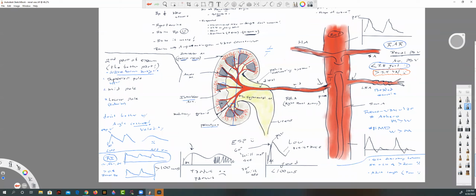Is there hydronephrosis, which is urine backup in the collecting system? Length discrepancies, tumors, and that kind of stuff. So you will go through the kidney, but perhaps not as thorough a kidney exam, because what we're really interested in is the vascular nature of it.